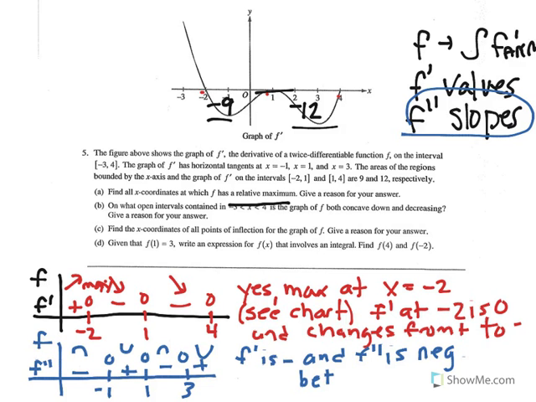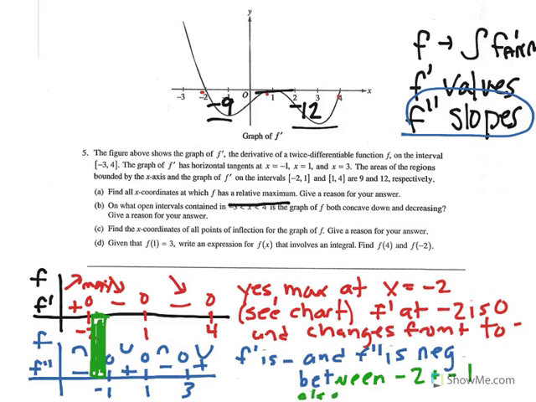It's decreasing and concave down in this interval between -2 and -1.